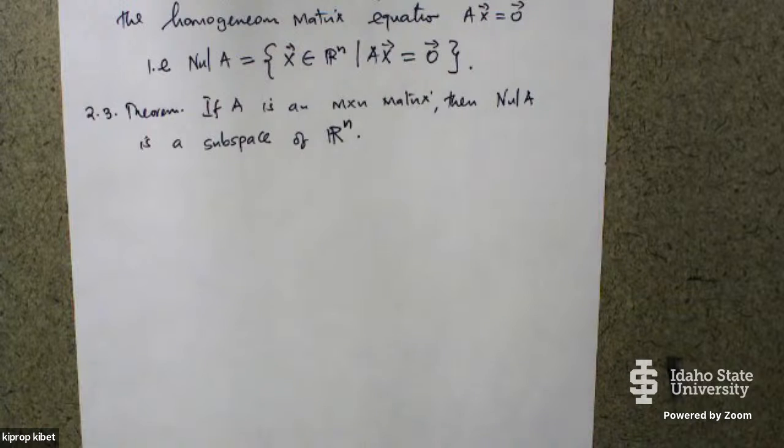Okay, let's continue from where we left. So we were doing the null space and column space.